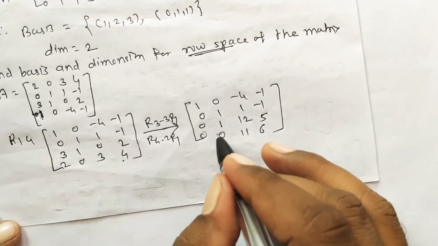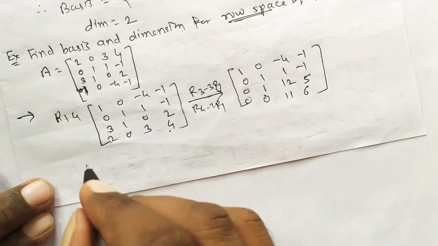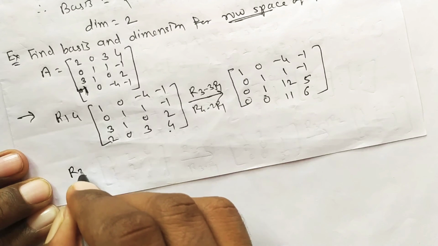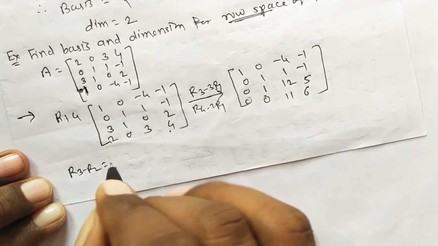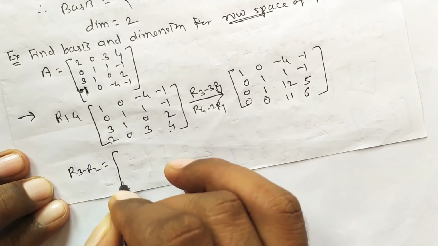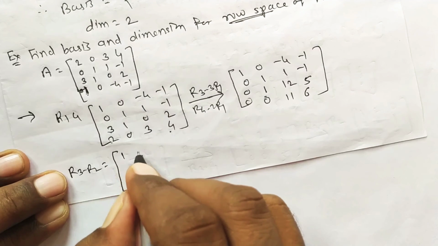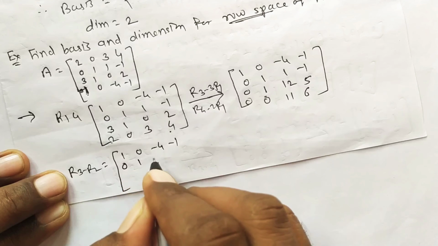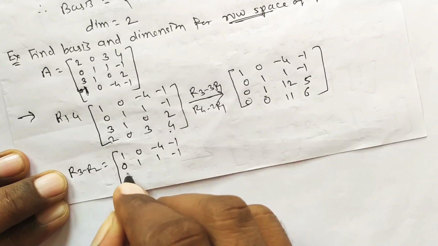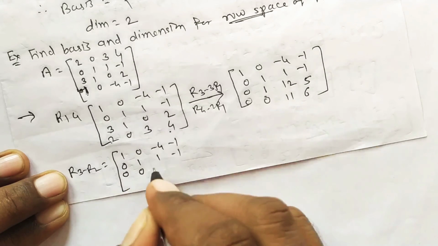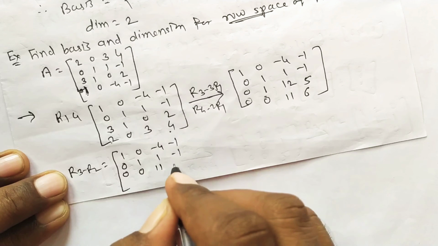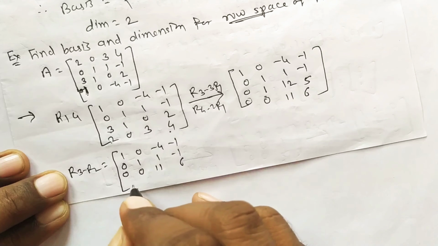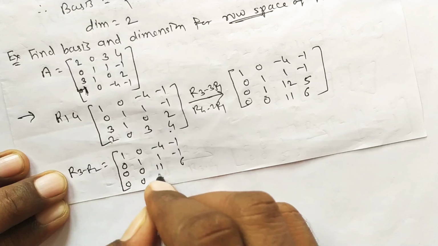Next, we want a zero here, so use the operation R3 minus R2. Then we will get 1, 0, -4, -1, 0, 1, 1, -1, 0, 0, 12 minus 1 is 11, 5 plus 1 is 6, and the last row is as it is, 0, 0, 11, 6.